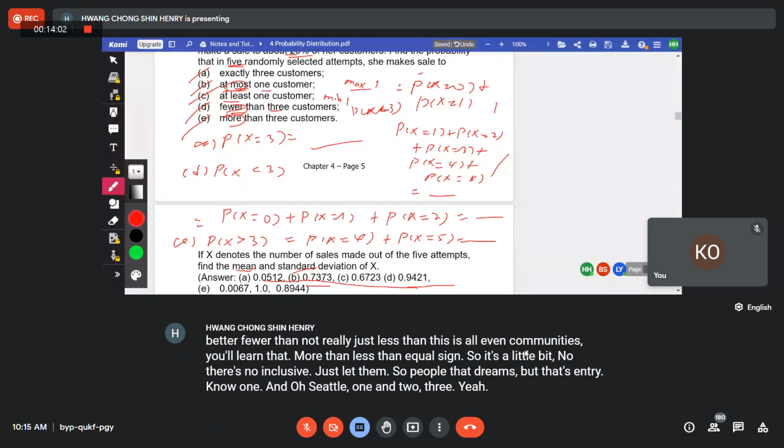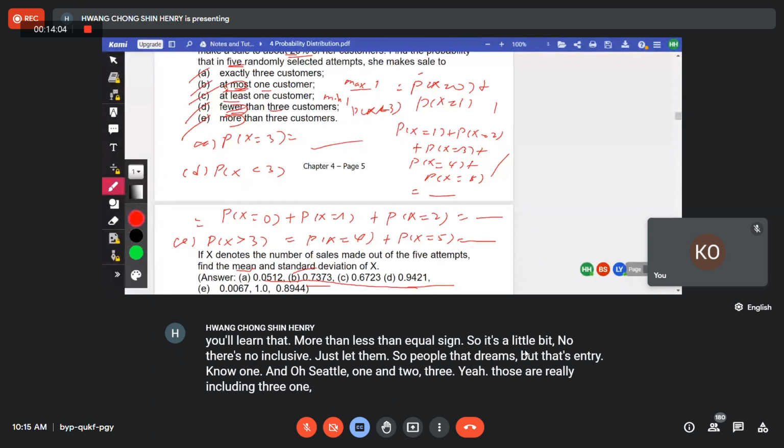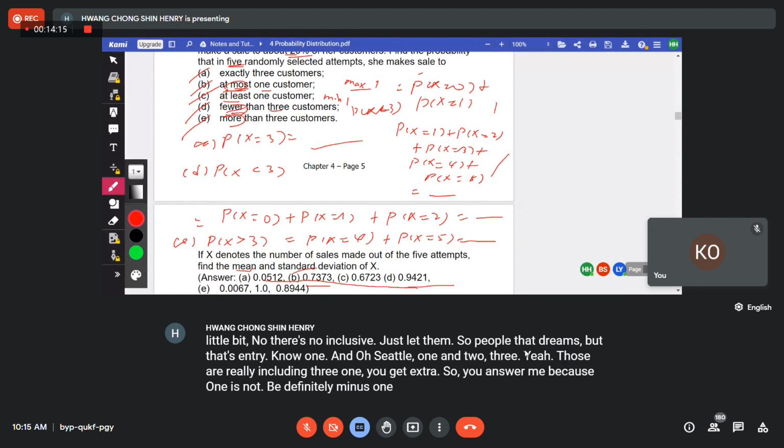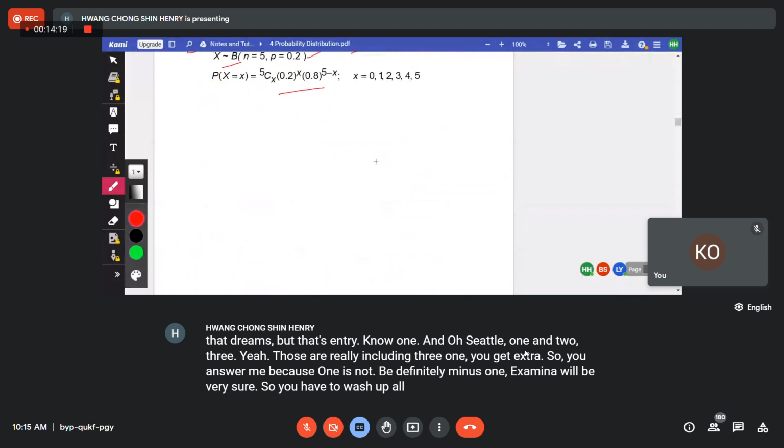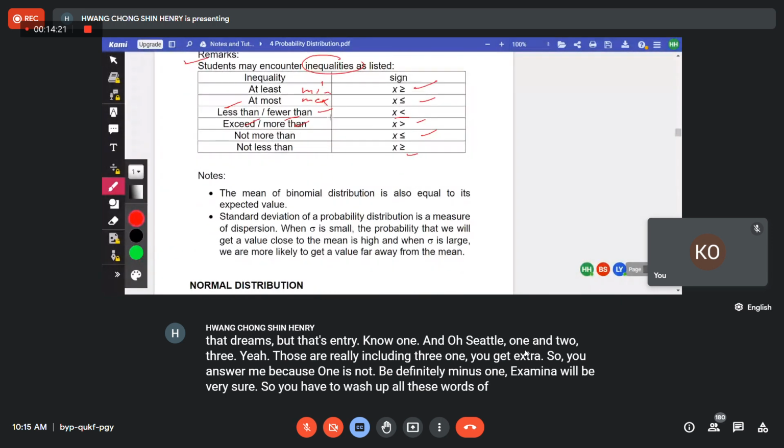Those of you including 3, you will get extra value, so your answer will be bigger. Minus 1. Definitely minus 1. The examiner will be very, very strict, so you have to watch out for all these words. It's a strong reminder.